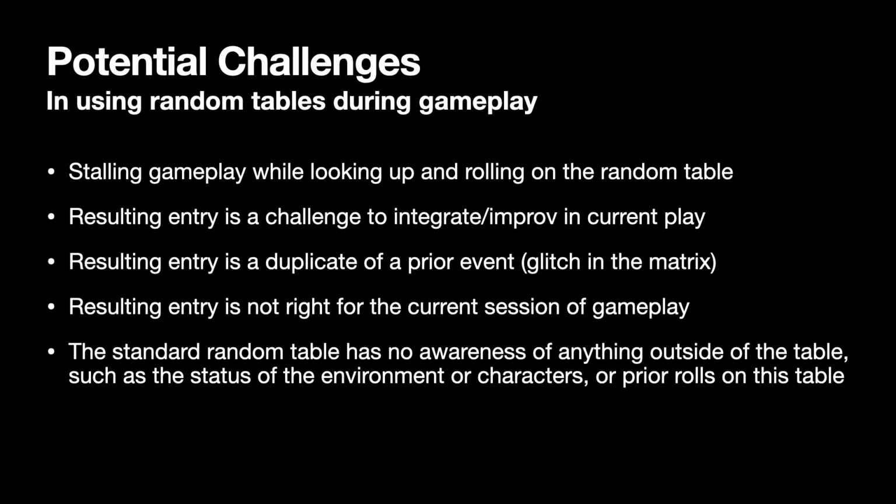Even if the resulting entry and the gameplay from that point is fantastic, that part of it prior to that is a bit of a problem. Or can be. Again, these are all potential challenges.